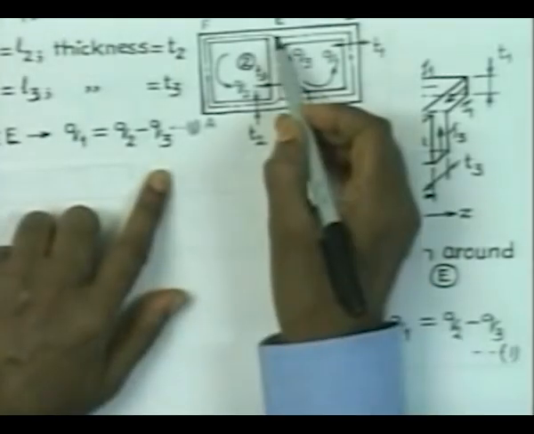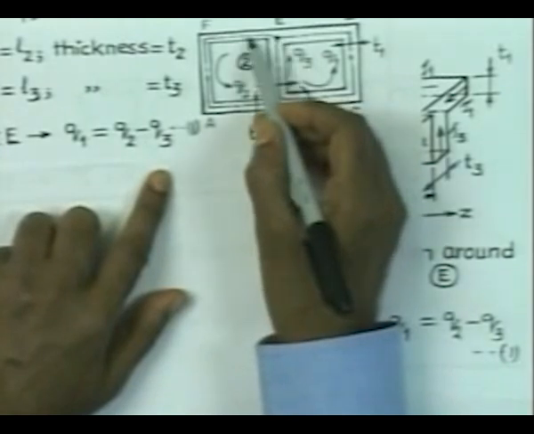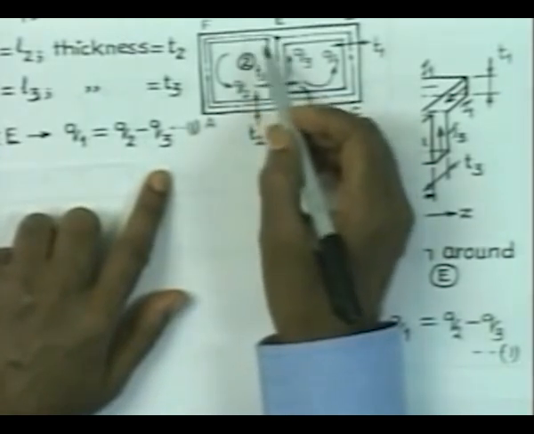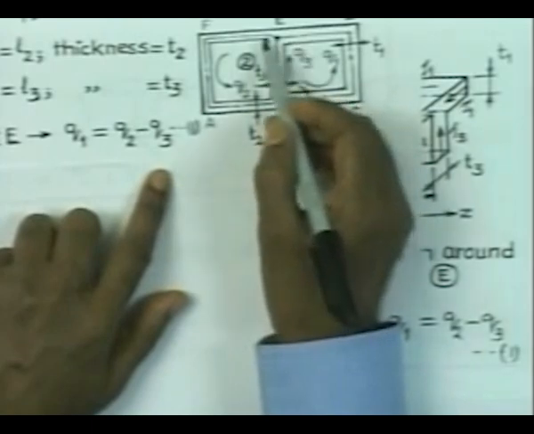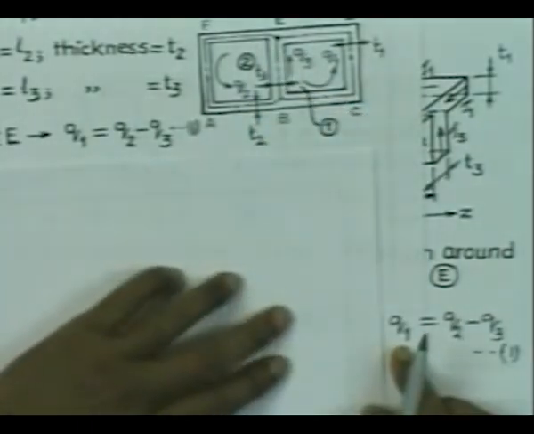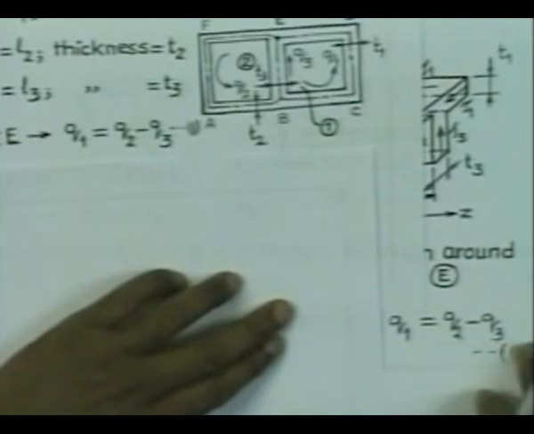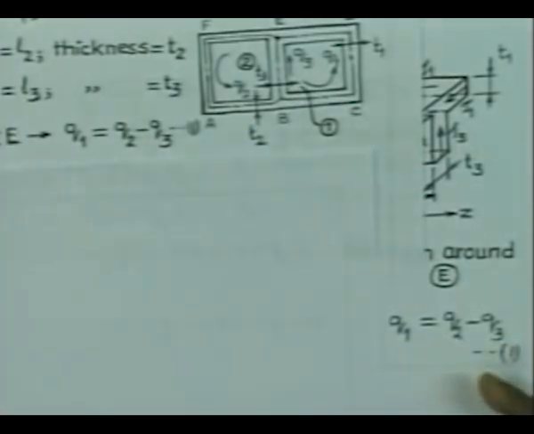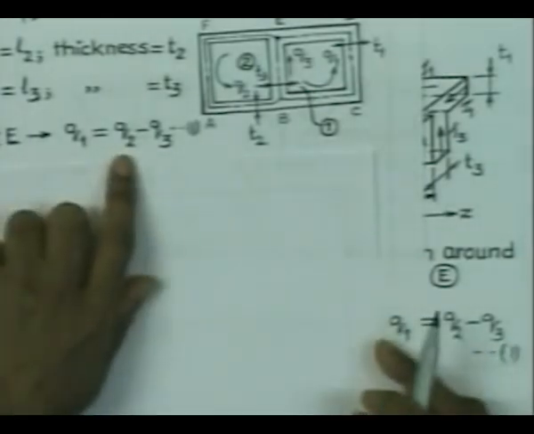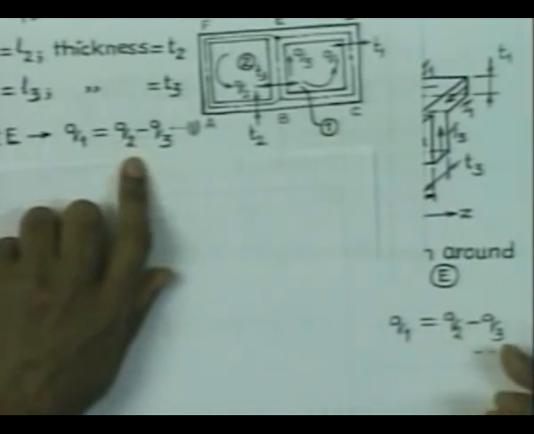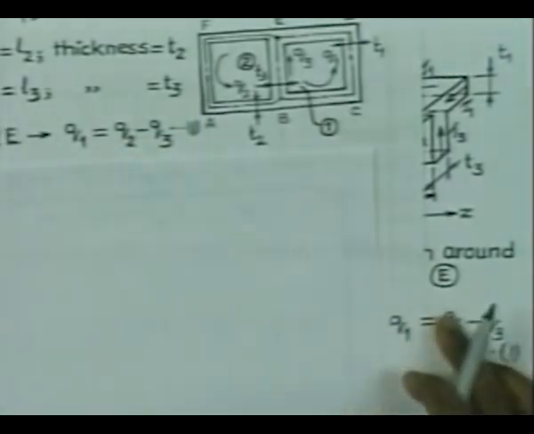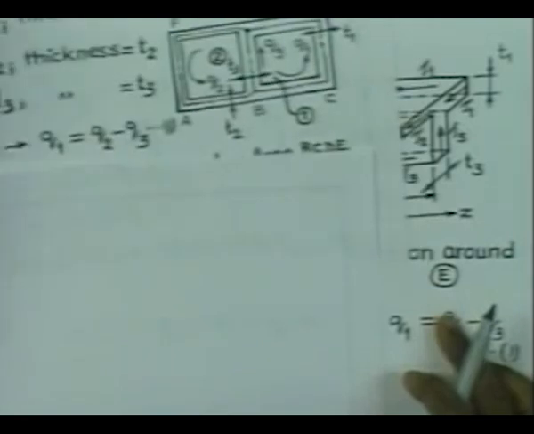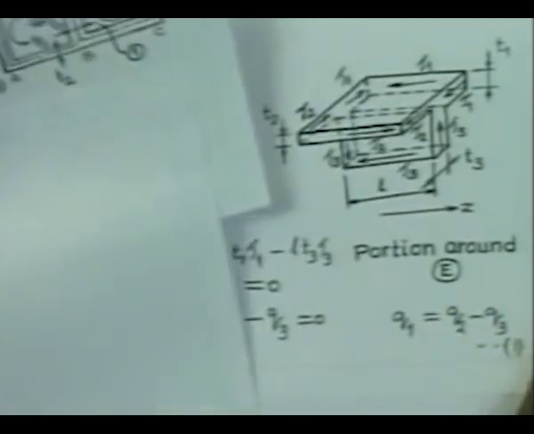Here the flow incoming is Q1 plus Q3 and outgoing is Q2, and from that we found that Q1 is nothing but Q2 minus Q3, and now from the equilibrium we find that Q1 is equal to Q2 minus Q3. So, these two conditions have some similarity. One can interpret this as an equilibrium equation, and one can also consider this to be a flow equation. So, we have now one relationship involving the shear flows.